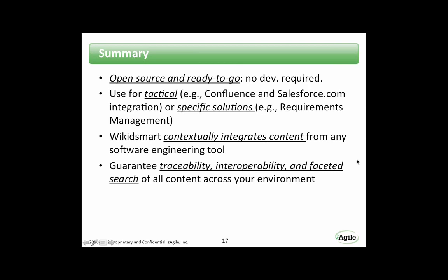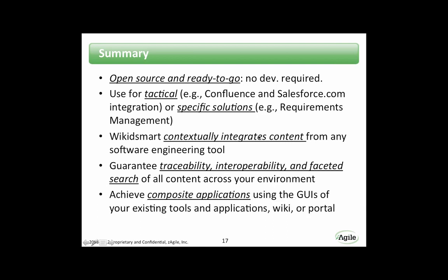So what you're getting is ultimately guaranteed traceability, interoperability, and faceted search, and I should add reporting for all of the content in your environment, just as Sanjeev had shown you just a moment ago. And you have these composite applications, so you get requirements management, but you can create new ones if you want, or you can engage zAgile to do so as well, for example.